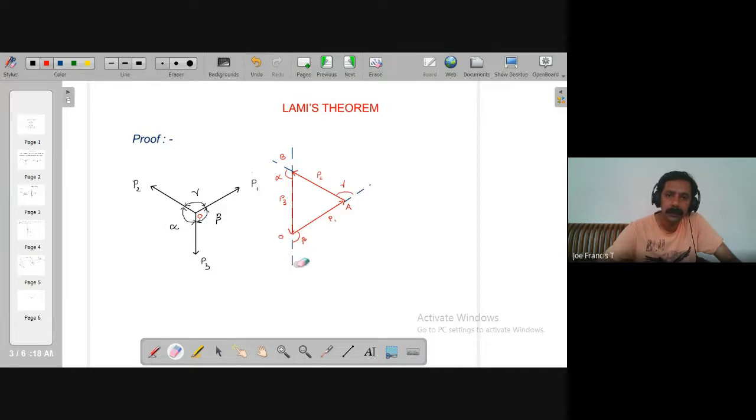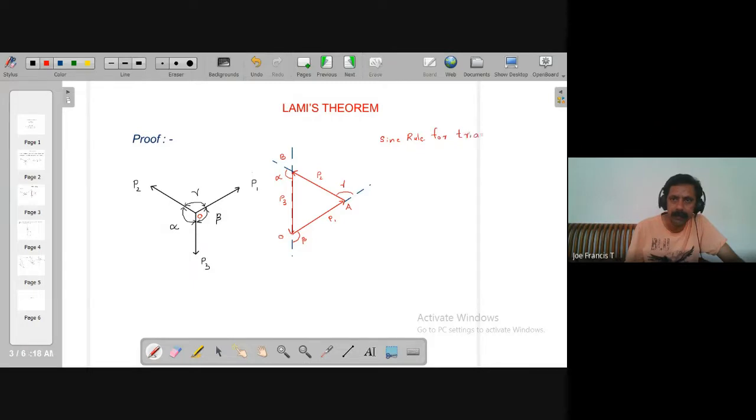Now, to prove Lami's theorem, we should rely on something called sine rule for triangles. I'll write here sine rule for triangles.